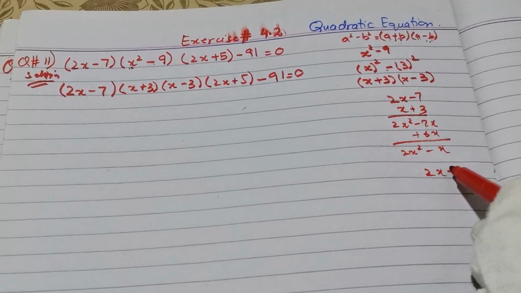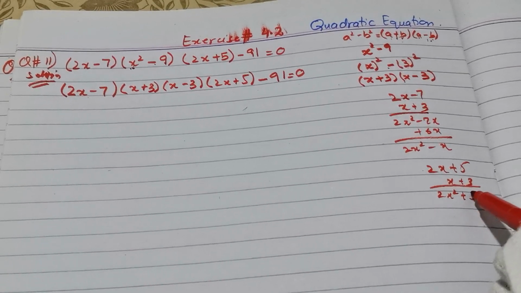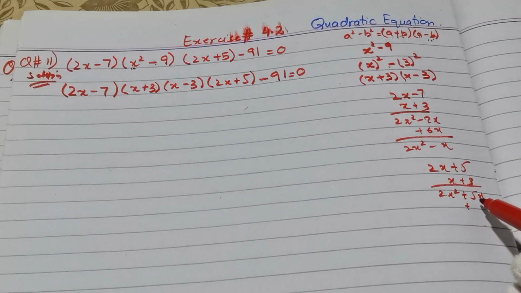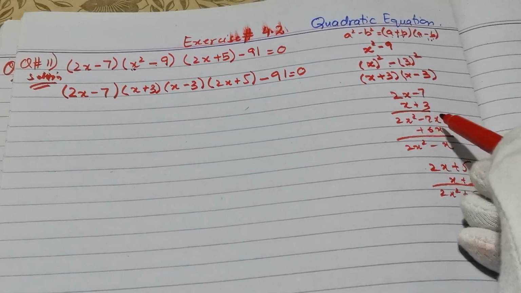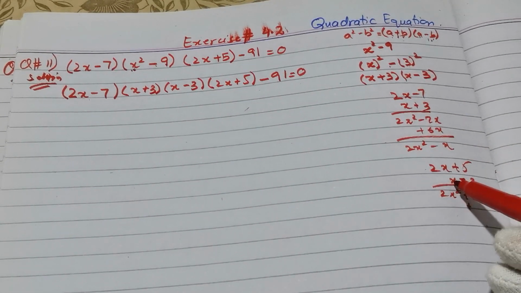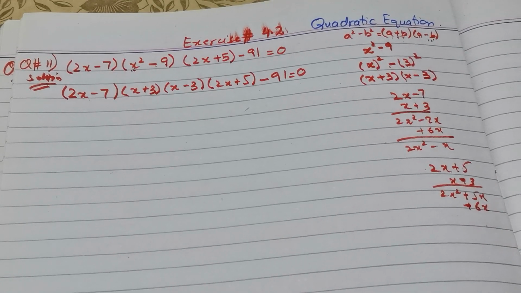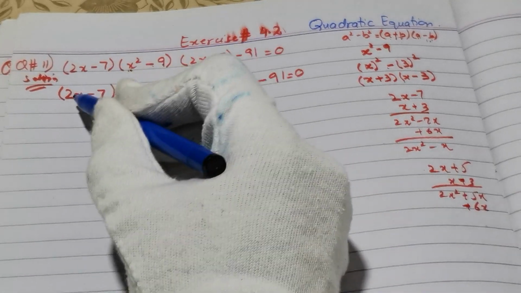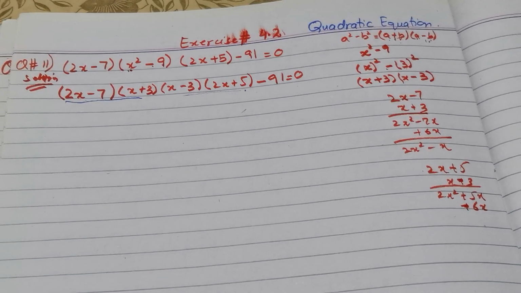And if we multiply (2x plus 5) into (x minus 3), we will get 2x square plus 5x minus 6x. So these two are pairs, and these two become pairs.